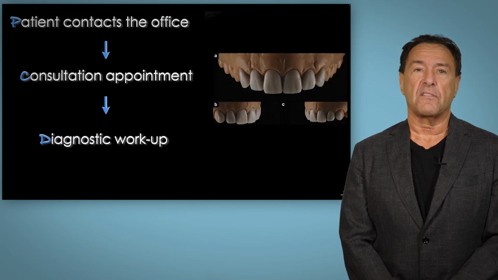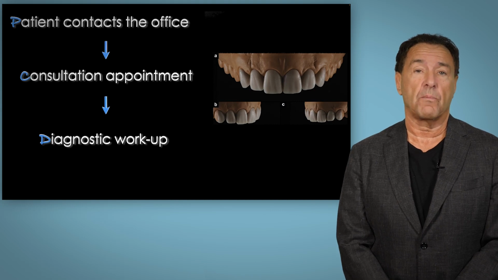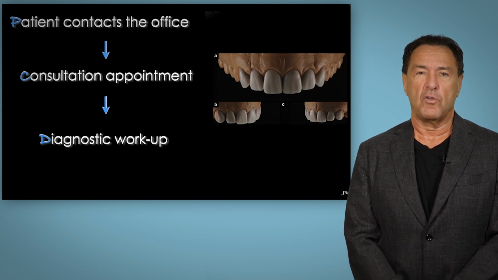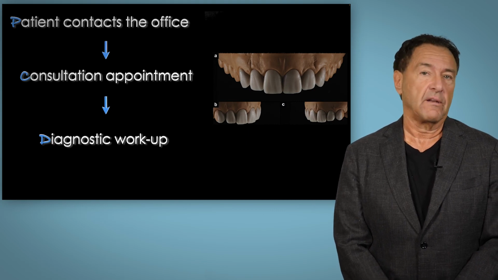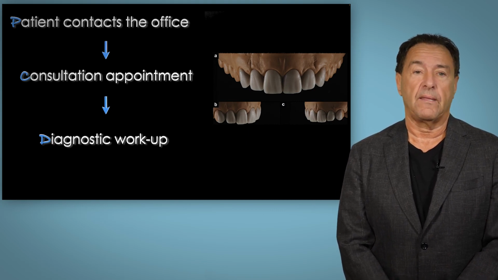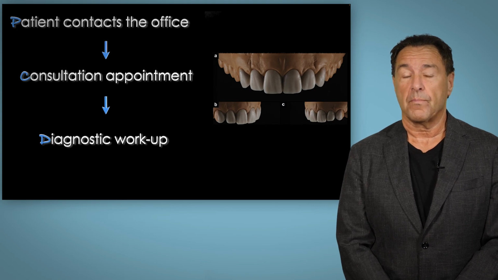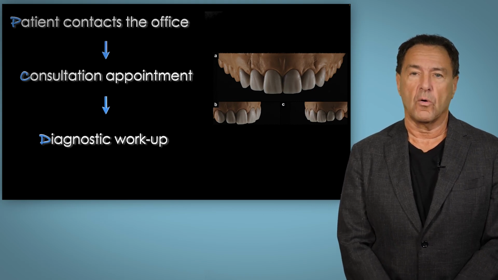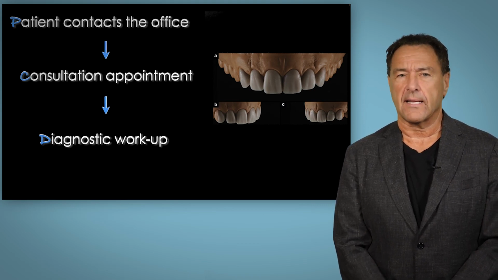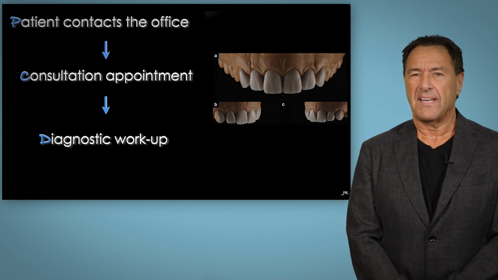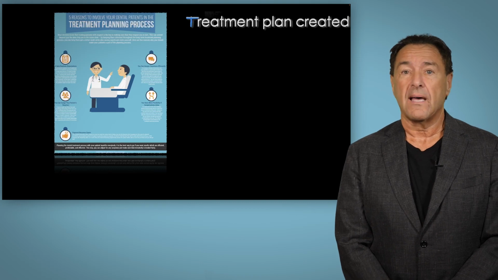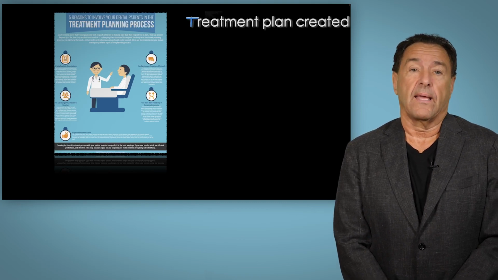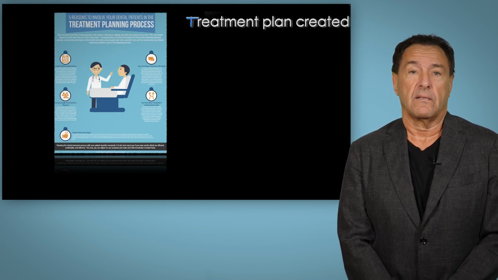Assuming that the patient wants to continue in your practice and have you be their provider, you'll bring them back and start gathering information. And that will be the diagnostic workup. Most of us know how to do this and various techniques, but that needs to be carried out. Once that's all been done, a treatment plan is going to be created, okay?